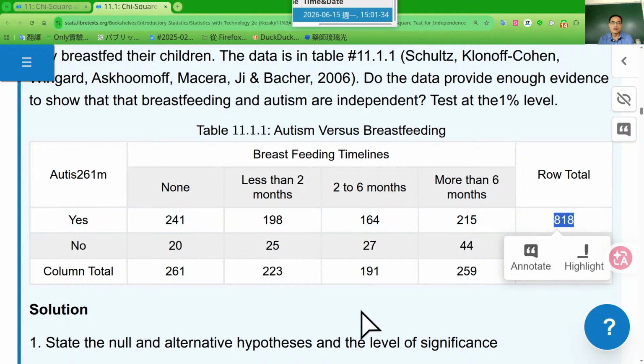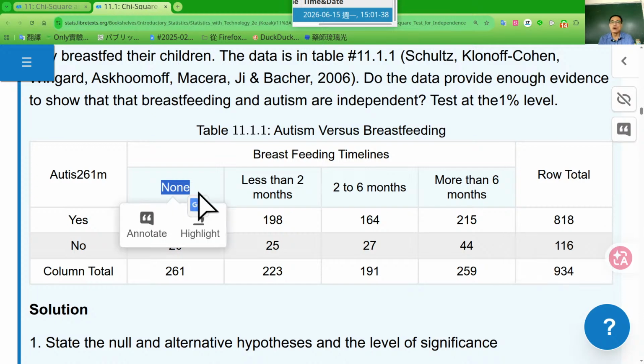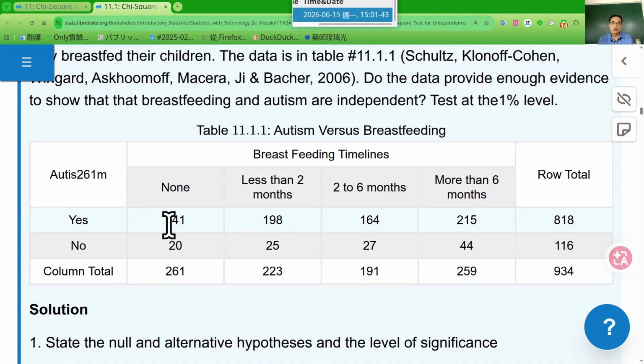Now the sum of the column, none, meaning no breastfeeding: 241 plus 20, the sum is 261. Less than 2 months: 198 plus 25, that is 223. The same way, the total number of babies is 934.